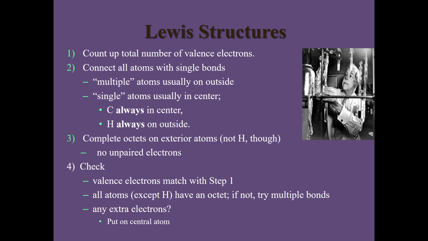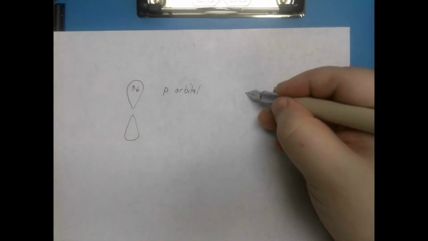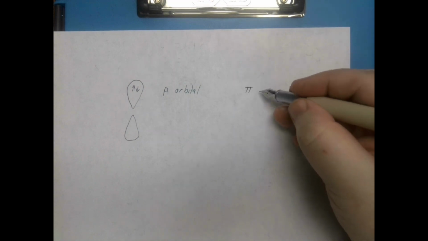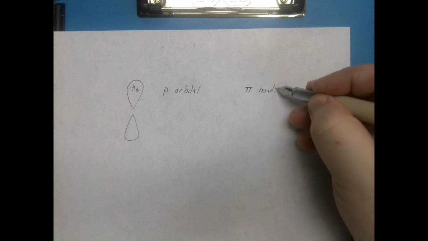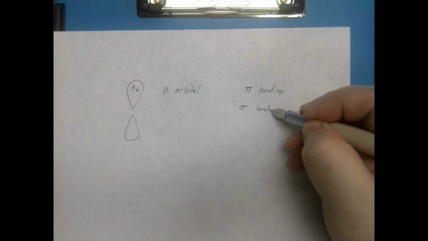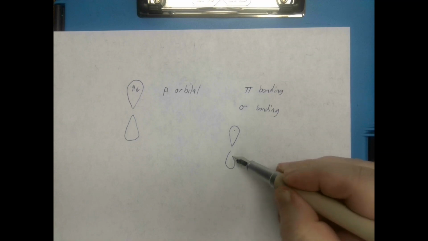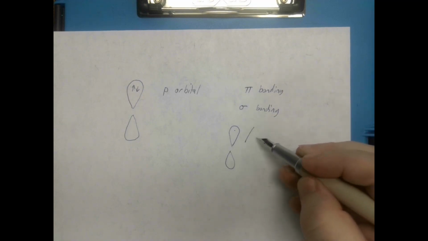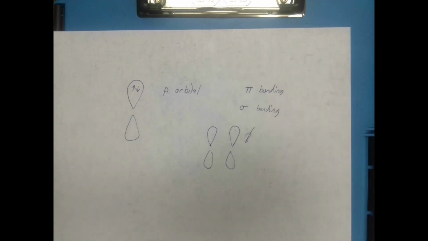These p orbitals overlap each other. More advanced science. I don't ever do this, and I do not remember it from college, but I know it's also taught on a high school level. Pi bonding and sigma bonding. And I do not remember which. If we have 2 p orbitals that are next to each other, they bond like this.